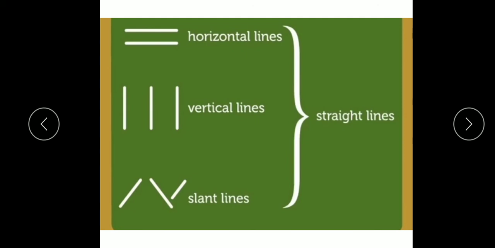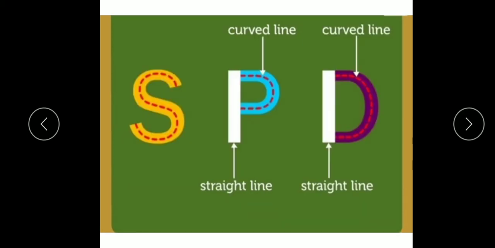So see again. These are your horizontal lines. These are your vertical lines. These are your slanting lines. All these lines are straight. Now see this example. Children, look at these few capital letters that are made by using straight lines and curved lines.